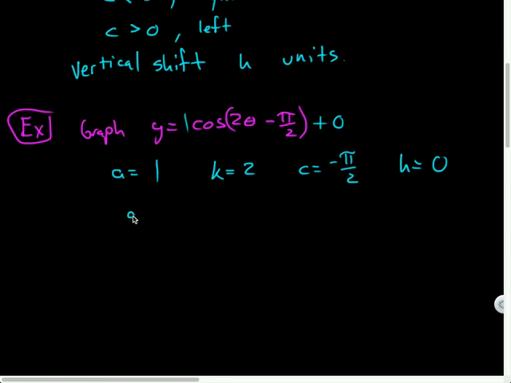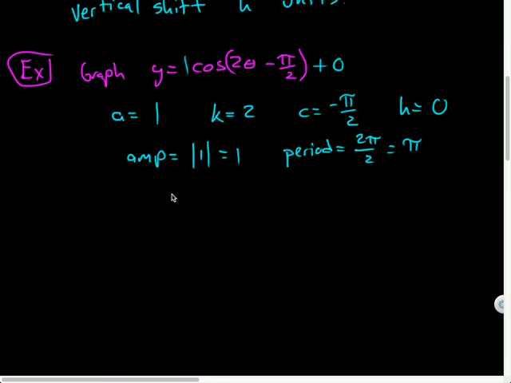Other questions. What's the amplitude? Amplitude is 1. Absolute value of 1, which is 1. And what is the period? 2 pi over 2. So it's pi. How much is the horizontal shift?